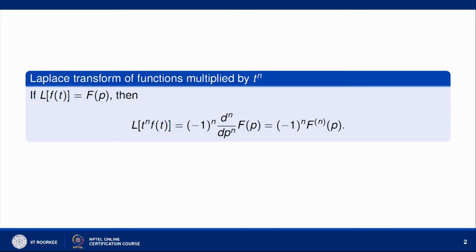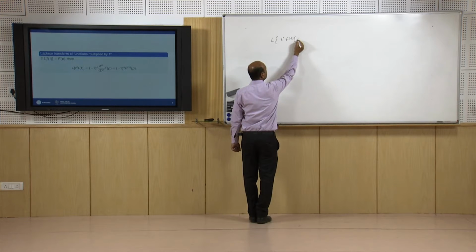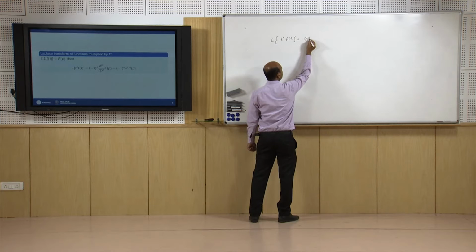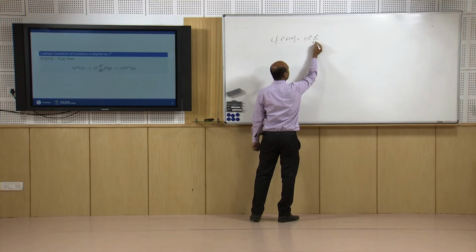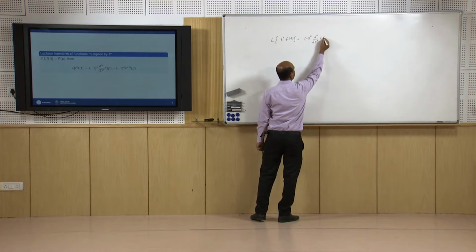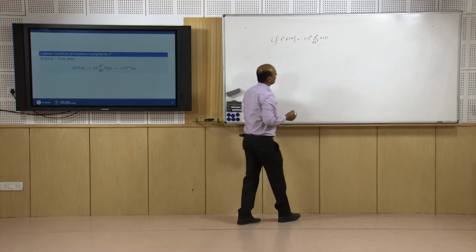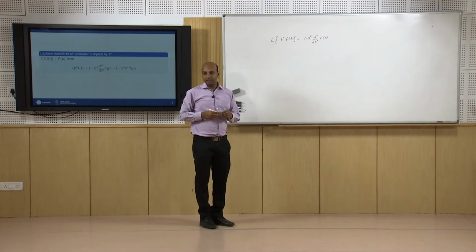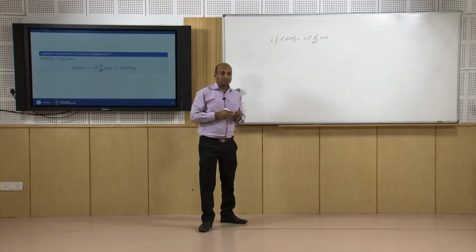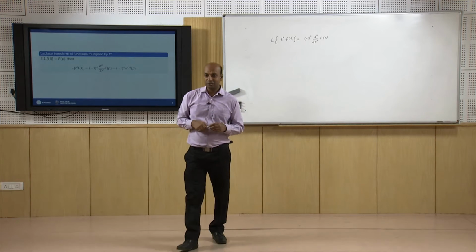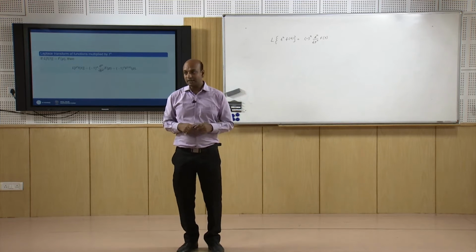So, how can we prove this property? What is F(p) here? It is the Laplace of f(t). So, again we will use the method of induction to prove this result.